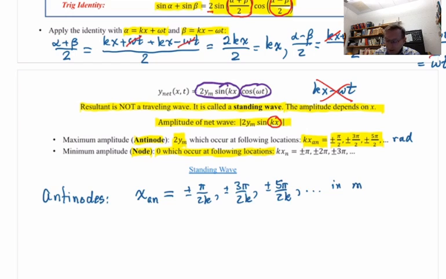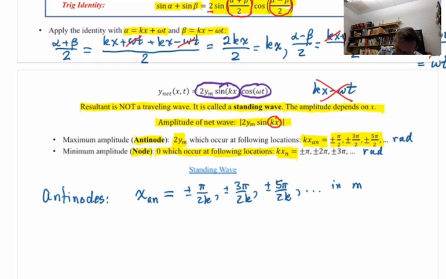Well, again, it's not a mystery. I need values of k times x such that the sine equals 0. That's this list right here. Kx, and I added an n subscript for node, must be plus or minus pi, plus or minus 2 pi, plus or minus 3 pi, plus or minus 4 pi, and on and on, in radians. Because the sine of plus or minus pi, plus or minus 2 pi, 3 pi, etc. equals 0.